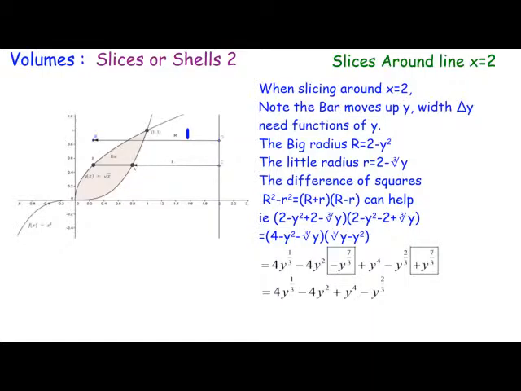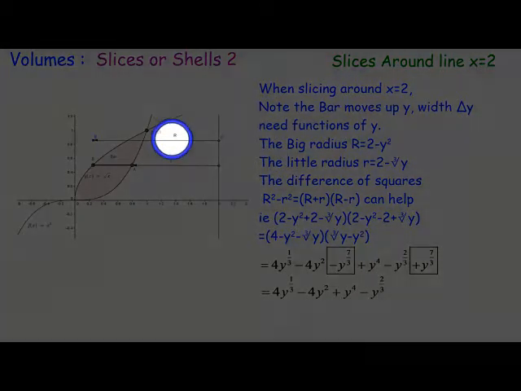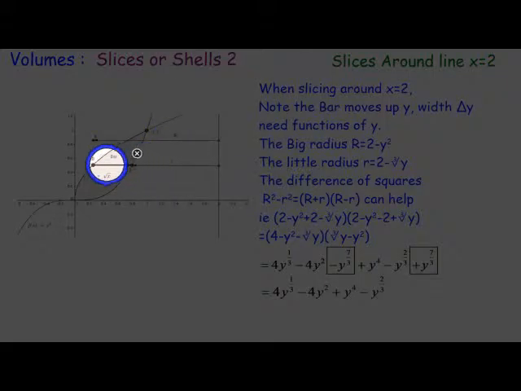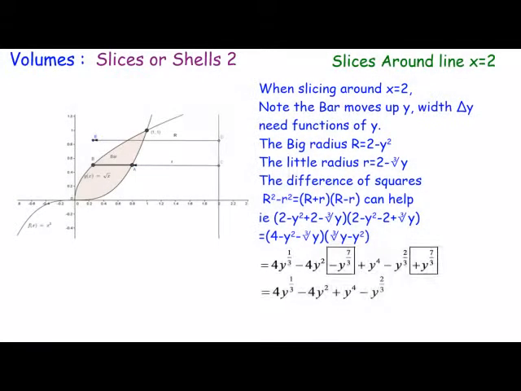Okay, that's the big radius and the little radius. Now, you'll see the bar. The bar along here has a thickness of delta y.